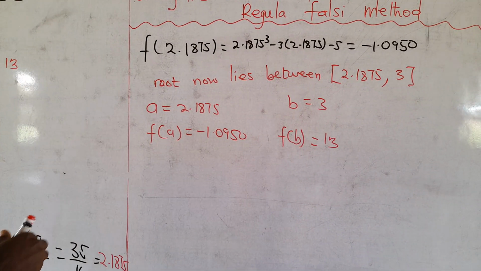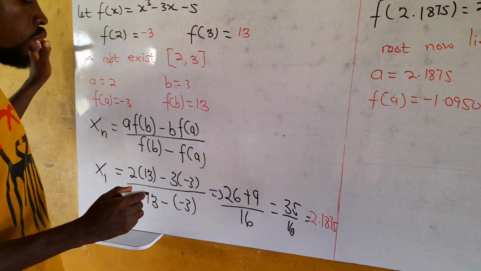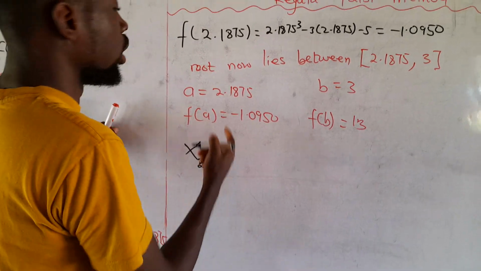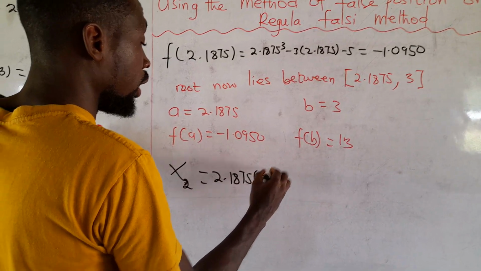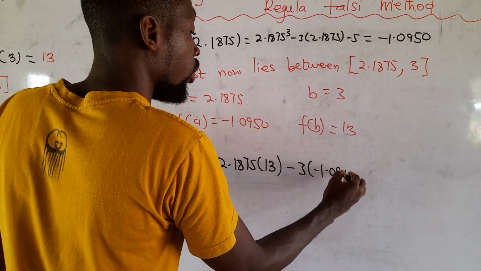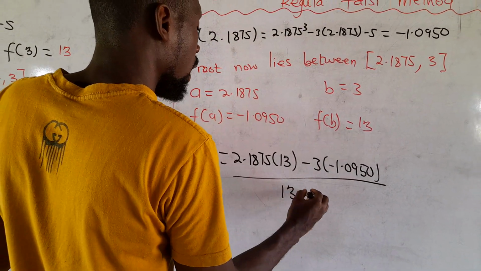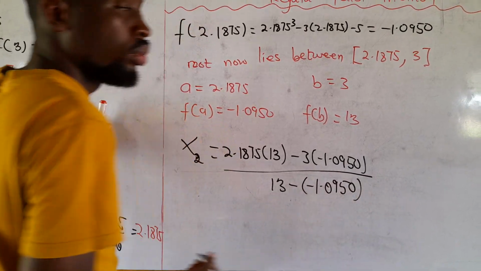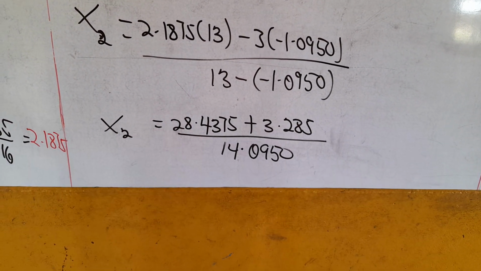So we can find our second approximation. Remember, this is our first approximation, x1, so we find our second approximation, x2. We get 2.1875 times 13 minus 3 times negative 1.0950, all over 13 minus negative 1.0950. When 13 multiplies 2.1875, we get 28.4375.